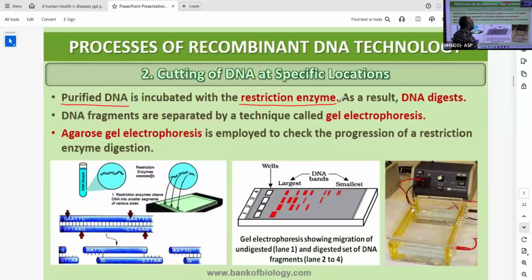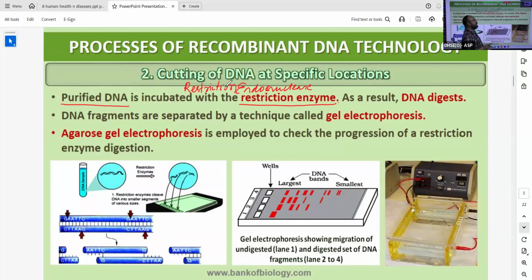Now these restriction enzymes which you see here, which enzymes are we talking of primarily? Endonucleases, or restriction endonucleases. Why?